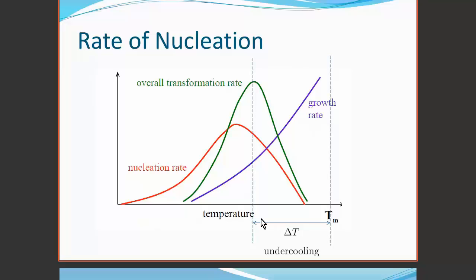The difference in temperature between the temperature at which the liquid actually starts to solidify and the melting point is known as the undercooling. Most melts require a degree of undercooling in order to freeze.